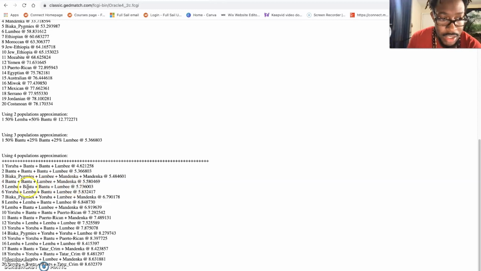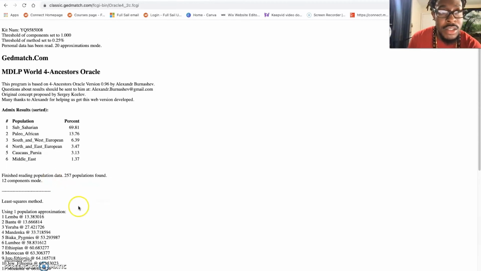Bantu, Limba, still in there. Yoruba, Limba. All right. Limba, and it's still in there, so that's pretty good. So I might definitely have some Limba, some people in the Limba tribe. I have to check them out.